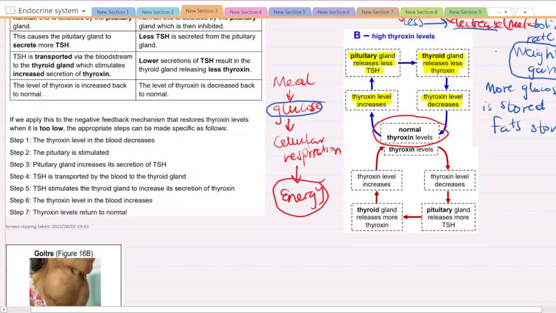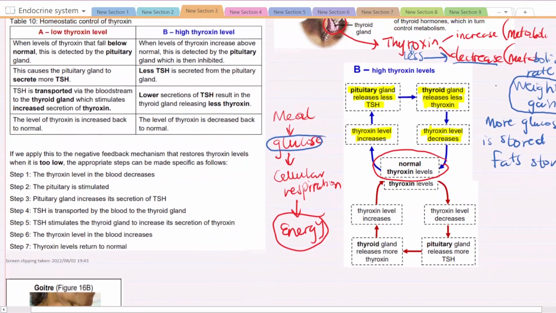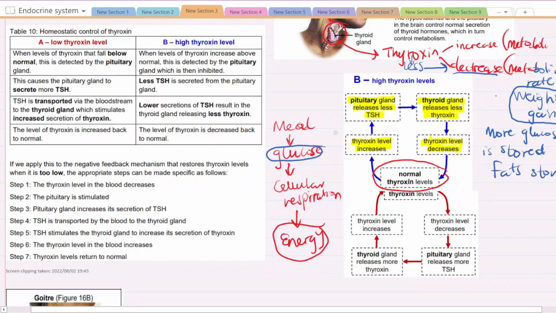Now let's look at what will happen if the thyroxine decreases below normal. Let's have a look at this cycle again. What would happen is your thyroxine levels are going to decrease. When they decrease in your blood, the pituitary gland, which is the control center, will be stimulated to do what?